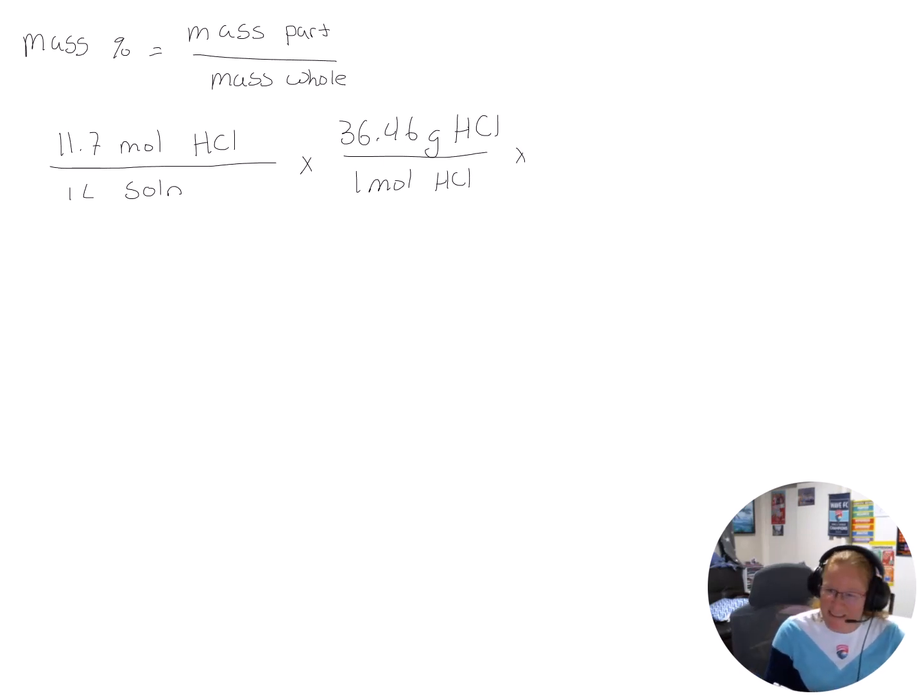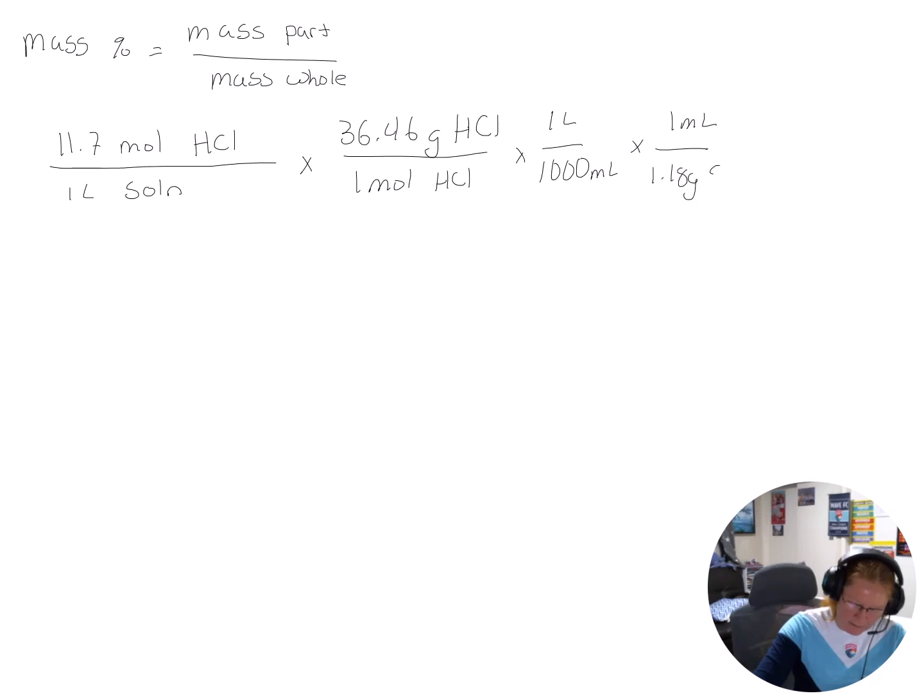I was given a density of the solution. Will that give me a mass of my whole? Absolutely. So I'll convert liters to milliliters. And then I have 1 mil for every 1.18 grams of solution. So I have liters cancel out, milliliters cancel out, moles cancel out.